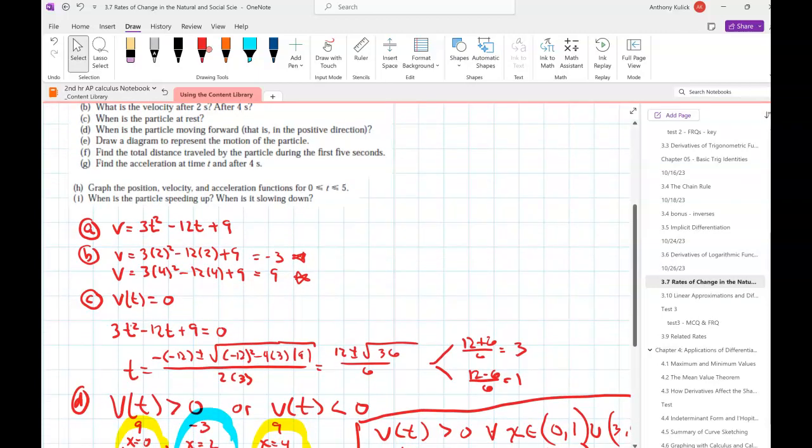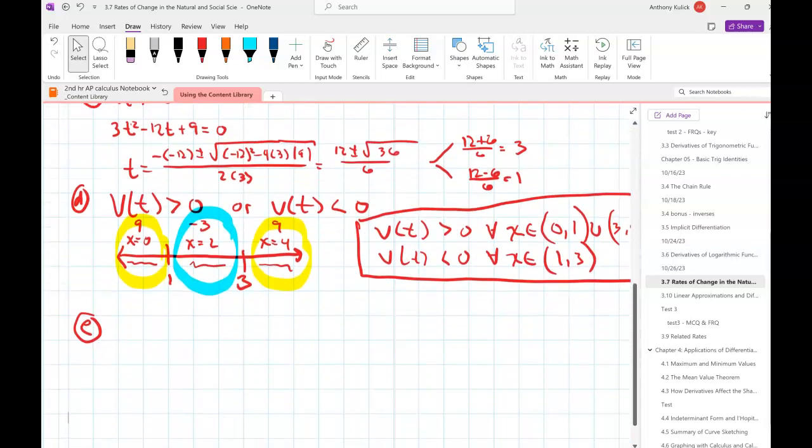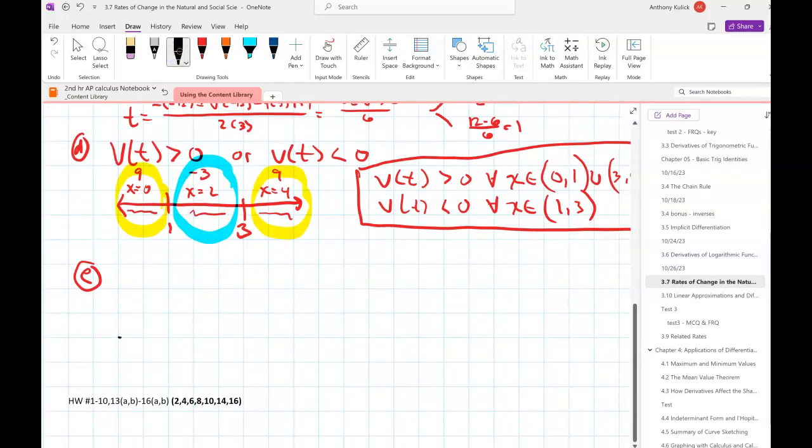All right. E says draw a diagram to represent the motion of the particle. So what would we say here? Okay, let's say at t equals 0, we are at position 0, right?